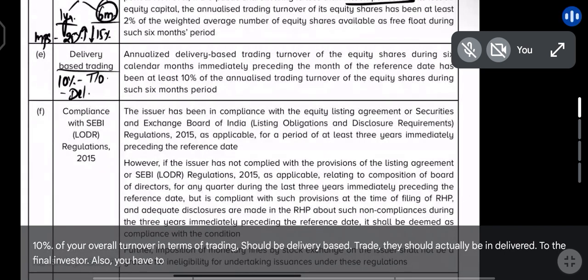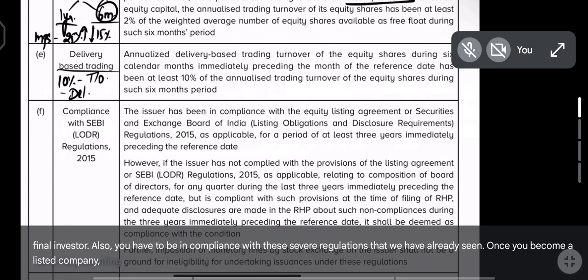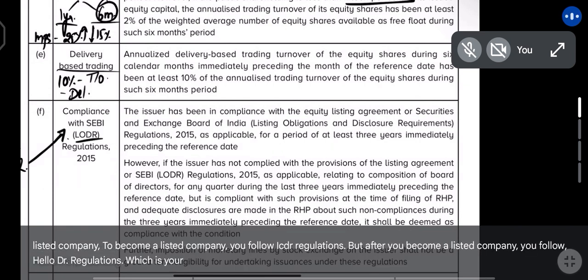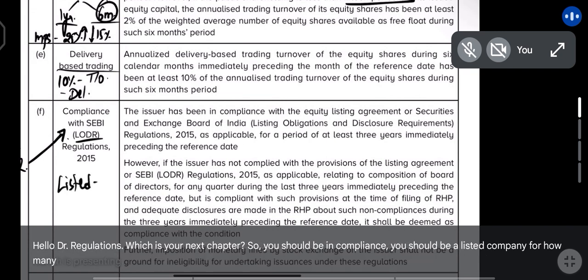Also, you have to be in compliance with the SEBI regulations that we have already seen. To become a listed company, you follow ICDR regulations. But after you become a listed company, you follow LODR regulations, which is your next chapter. So you should be in compliance. You should be a listed company for how many years?